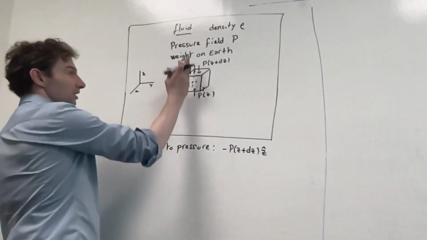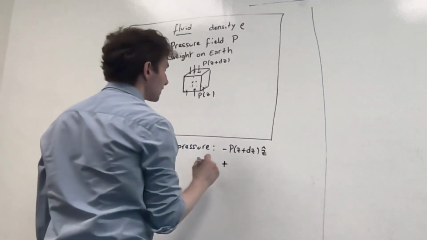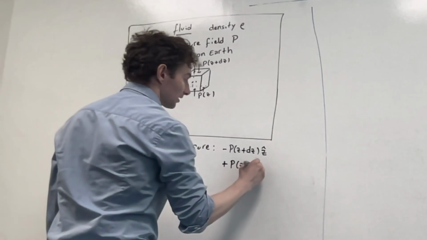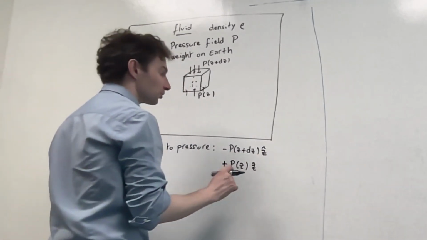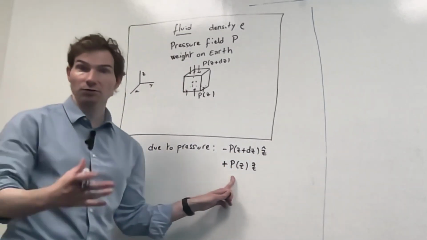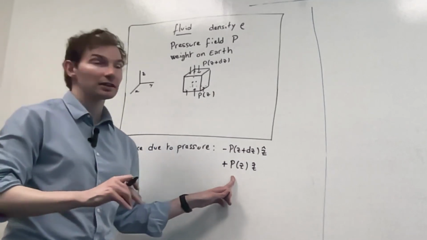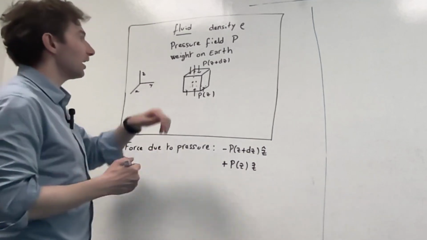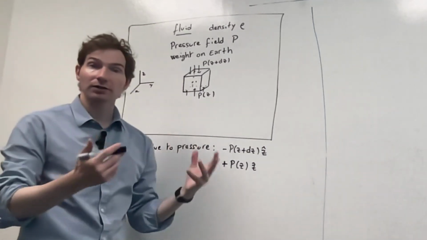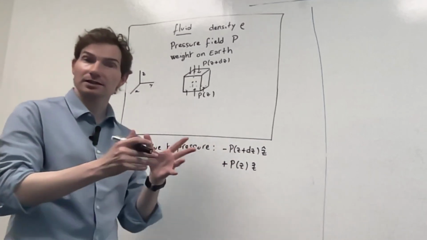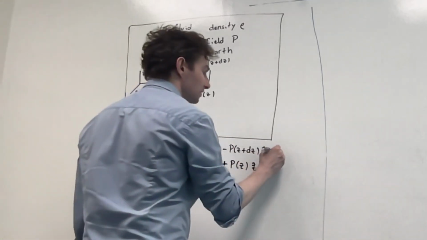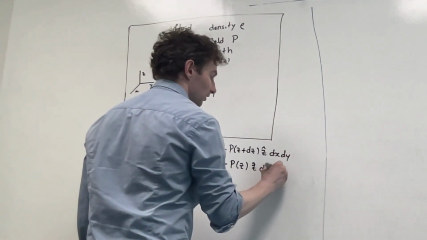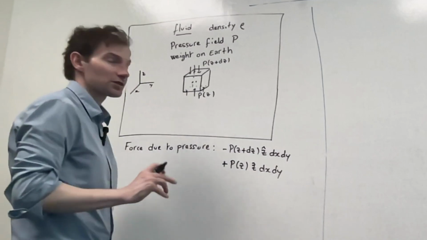And then plus, from below, P of Z. But then I also need, because you know that the pressure is a force divided by an area, to multiply both by the area. So if you are acting in the Z direction, you're acting on the area which is dx dy. So here this is dx dy, and here dx dy as well. So you've got the actual pressure force here.